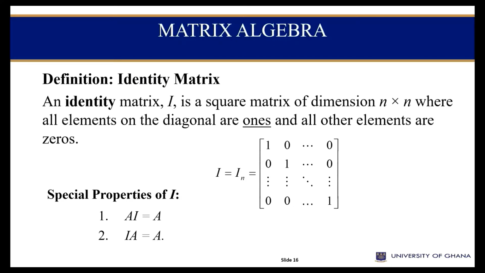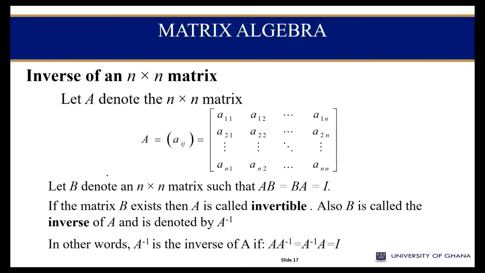So any matrix that is multiplied by an identity matrix, the value is the same. So matrix A times an identity matrix I will be equal to A. And an identity matrix multiplied by matrix A should also be equal to A. Note this one. I'll be using it along the way in the next class.